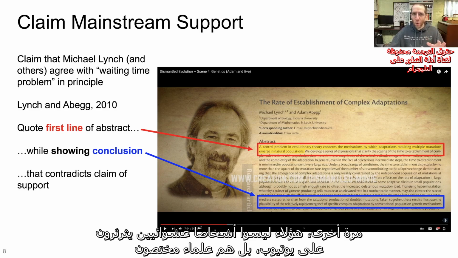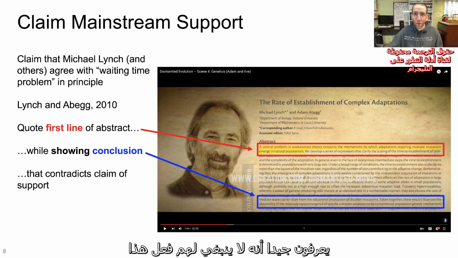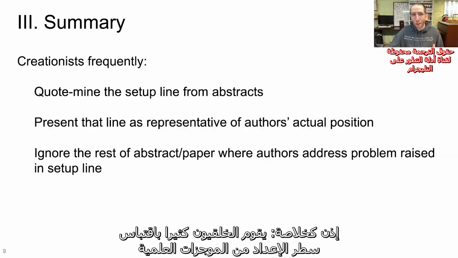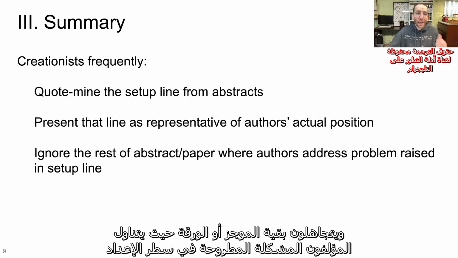Again, these are not like random people spouting off on YouTube. These are professional scientists who have earned or are in the process of earning legitimate scientific credentials. They know better than to do this. So in summary, creationists frequently quote mine the setup line from scientific abstracts, present that line in isolation as representative of the author's actual position, and ignore the rest of the abstract or paper where the authors address the problem that's raised in the setup line.